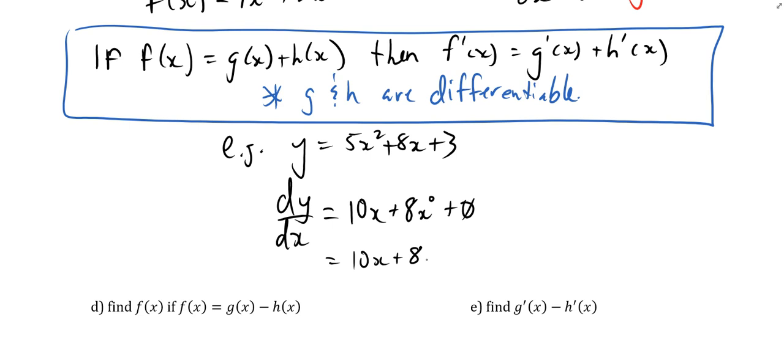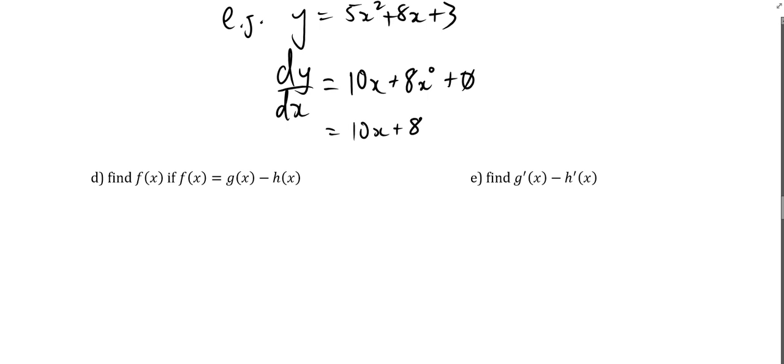Okay? So this is the same f at x and g at x and h at x that we were using before. Well, f at x is different because now f at x is g minus h. Before it was g plus h.